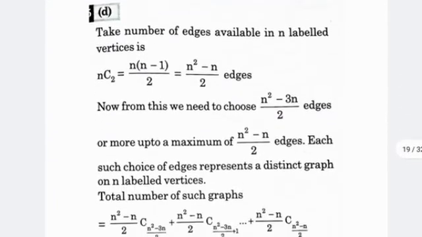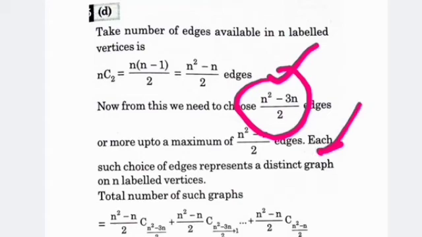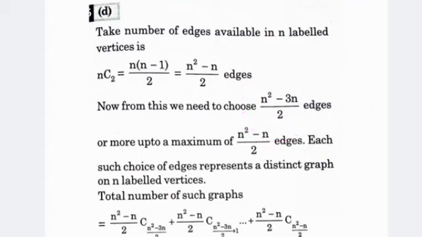Take the number of edges available in n labeled vertices. We know that n choose 2 equals n into (n minus 1) by 2, meaning the total number of edges is (n square minus n) by 2. Now from this we need to choose (n square minus 3n) by 2 edges or more, up to the maximum (n square minus n) by 2 edges.